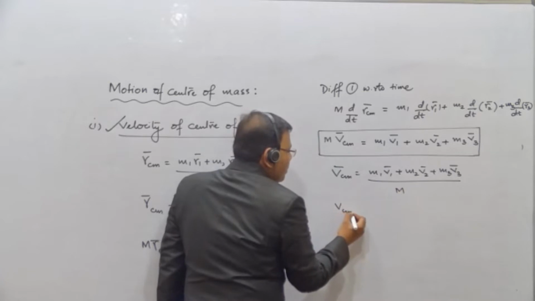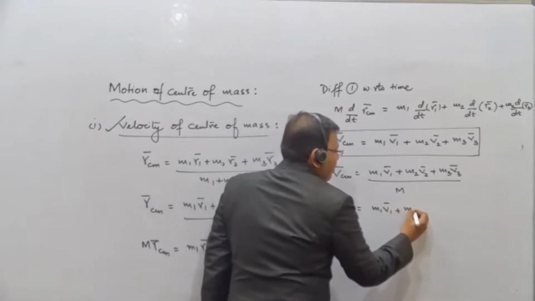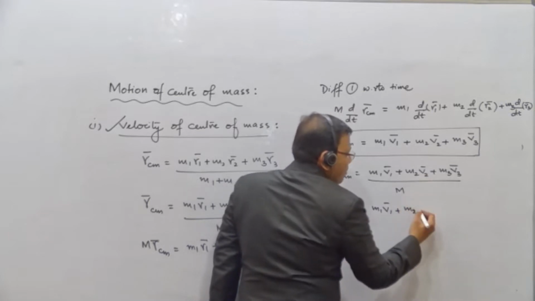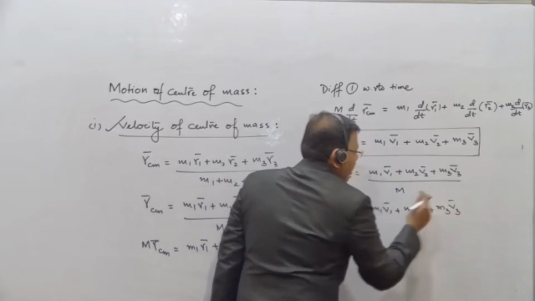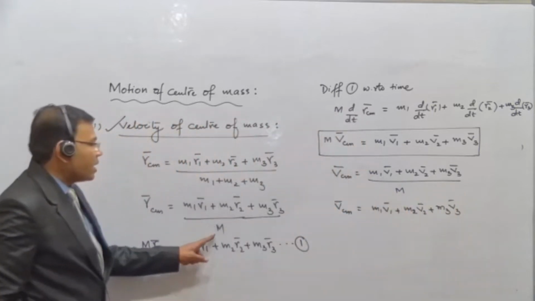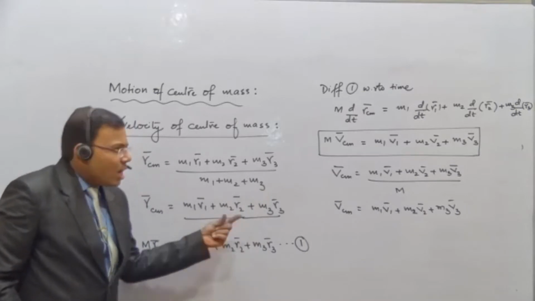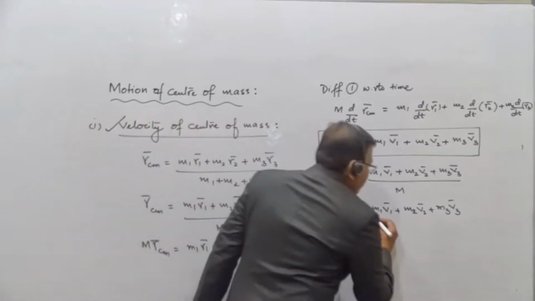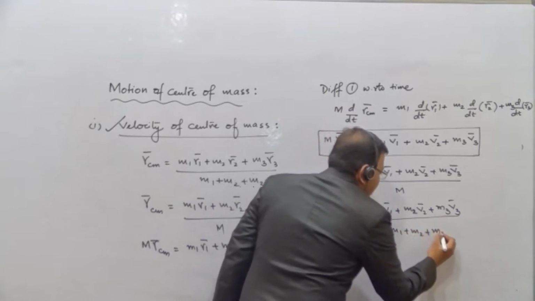But you know, students, already we have considered this m as m1 plus m2 plus m3. देखिए बेटा, what is this m? ये m m1 plus m2 plus m3 था. So therefore I have taken it as m. अब हम m को replace करते हैं उसी term से, that is m1 plus m2 plus m3.